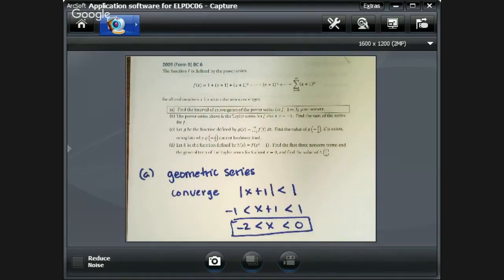So it was really simple if you recognized that it was a geometric series. Recognizing that a series is geometric or a P-series will make it really simple to figure out how to find the interval of convergence.